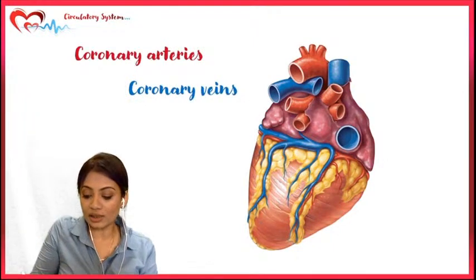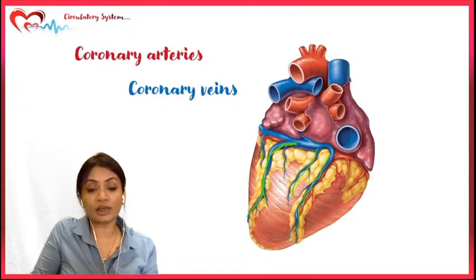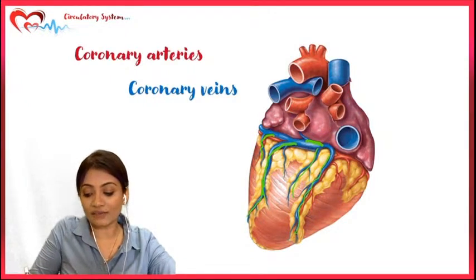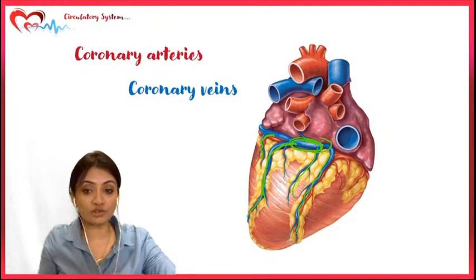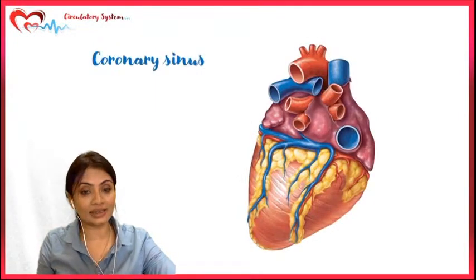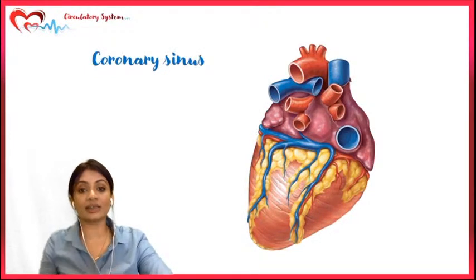So those are these over here. Let's talk about the veins right now. Here are all those coronary veins put together. Can you see that all these coronary veins have joined together to form this bulge-like structure? This bulging structure is what we call the coronary sinus. And what does the coronary sinus do?